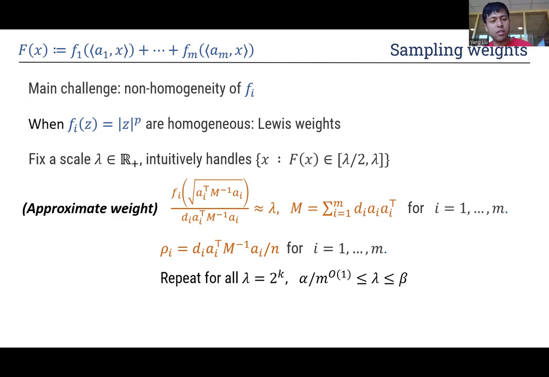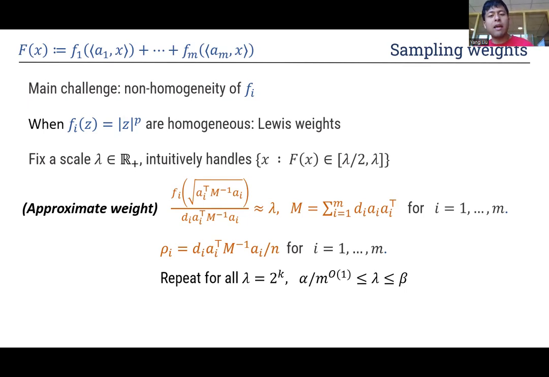So our idea to start is to fix a kind of scale for the functions. And intuitively, this scale is needed to handle function values between lambda over 2 and lambda. Though this is not actually completely true, because even if we wanted to sparsify at a single level of scale, we still need weights at log m levels. So this is really just intuition, but the analysis works quite a bit differently.